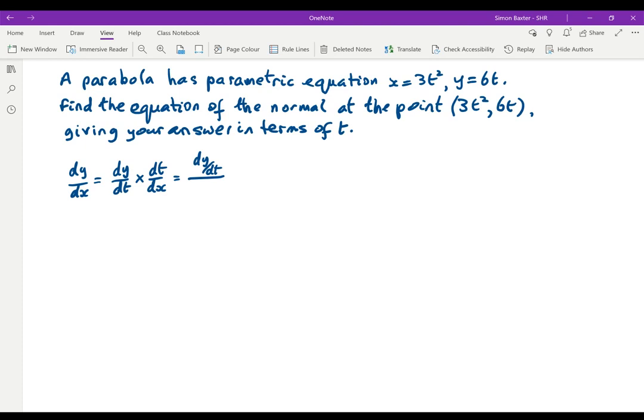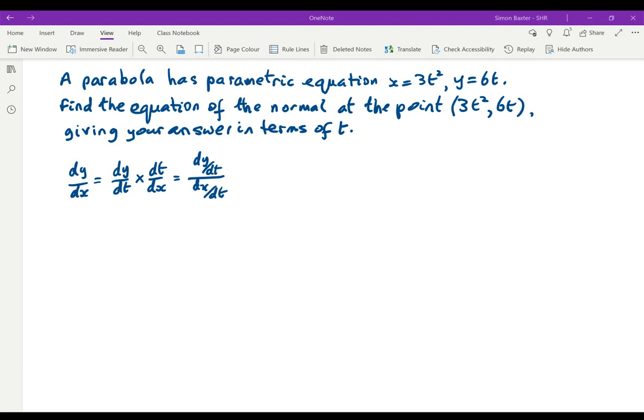So dy by dx is dy by dt divided by dx by dt. We can still think of cancelling the dt, but I prefer to think of dy by dx as dy by dt divided by dx by dt every time.